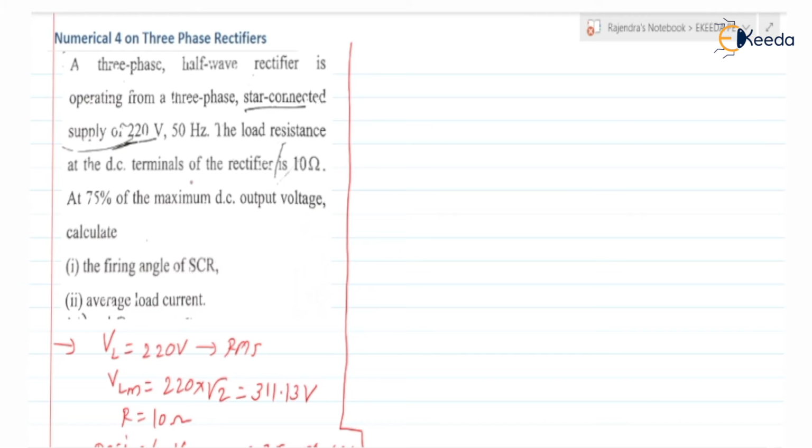Yes, we know the maximum V0 average occurs at alpha equal to 0 degree. Okay, so therefore we can write maximum V0 average. Here we are having alpha equal to 0 degree, which means definitely this alpha is less than 30 degree.